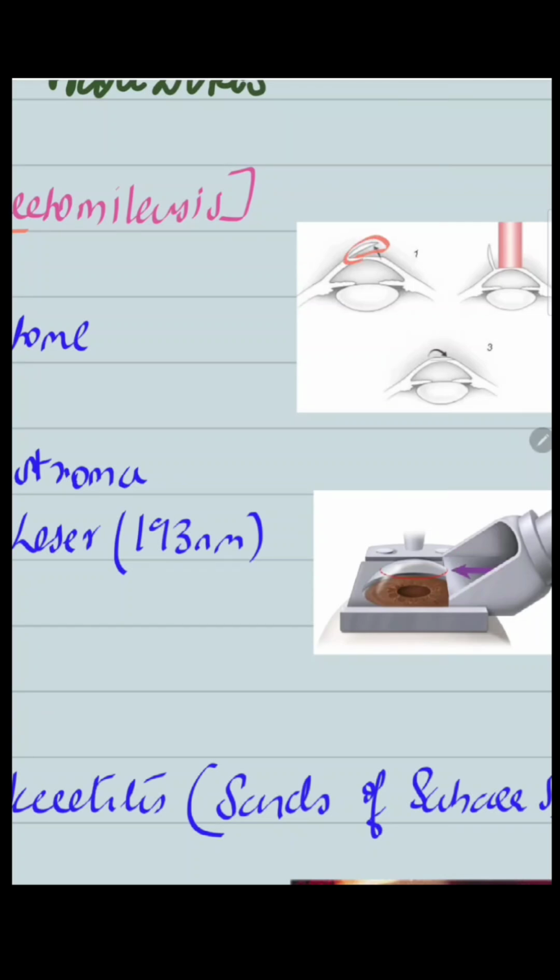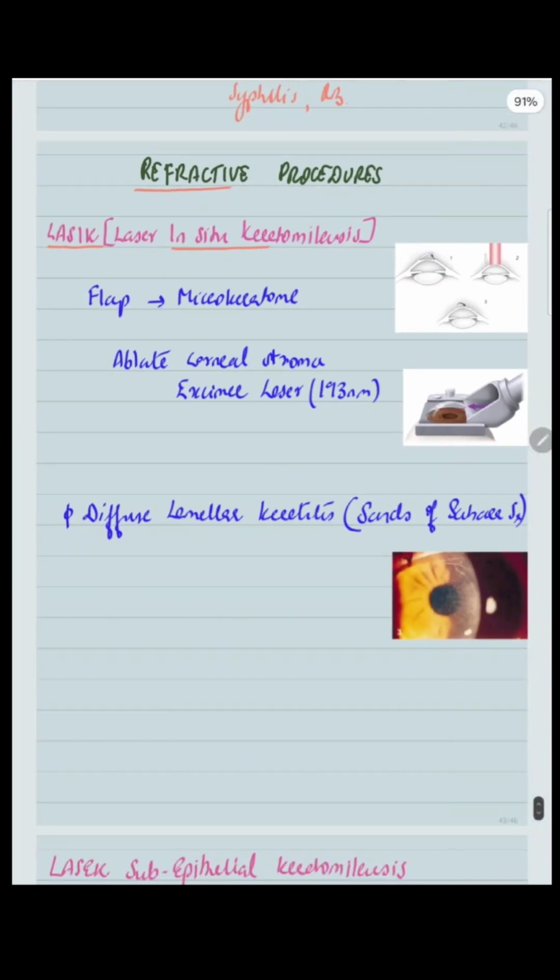Then we selectively ablate the corneal stroma with excimer laser, 193 nanometer, and we replace the flap, no sutures, it sticks by itself.